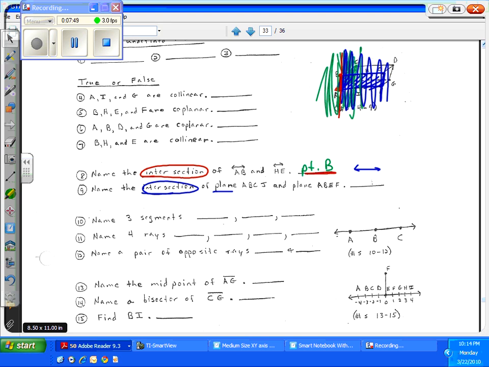So if both of those planes go infinitely forever, then their intersection also goes infinitely forever. And so the intersection of those two planes is this line that contains point A and point B. And so the intersection of the two planes is the line AB, not the segment AB. In the picture, it's a segment, but in theory, it's a line, okay?